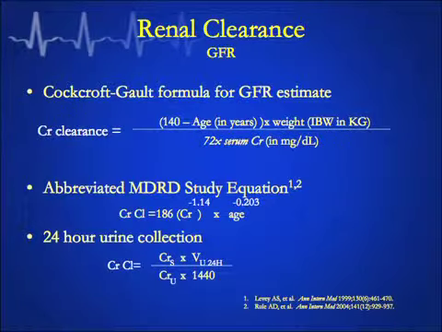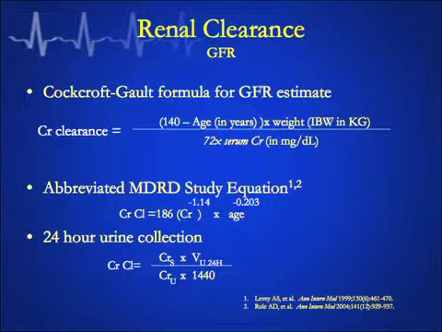In this one, 24-hour urine collection, it is very simple. You use a urine sample for 24 hours. If your math is good, sometimes I make a joke, I say it is 5th grade math, you know. You see how much creatinine is present in the 24-hour urine.